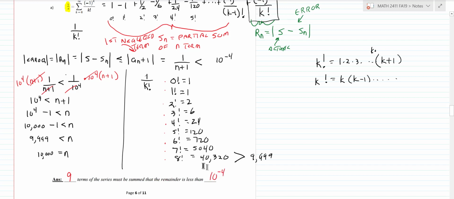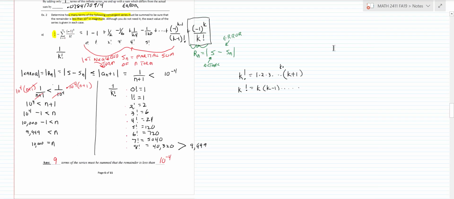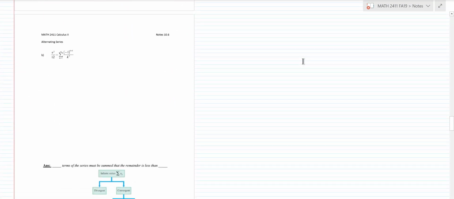That's why I wrote the factorials out and did it this way, because now I'm just trying to figure out what value of k gets bigger than 9,999. So that's how that problem would go. That could be a little tricky.